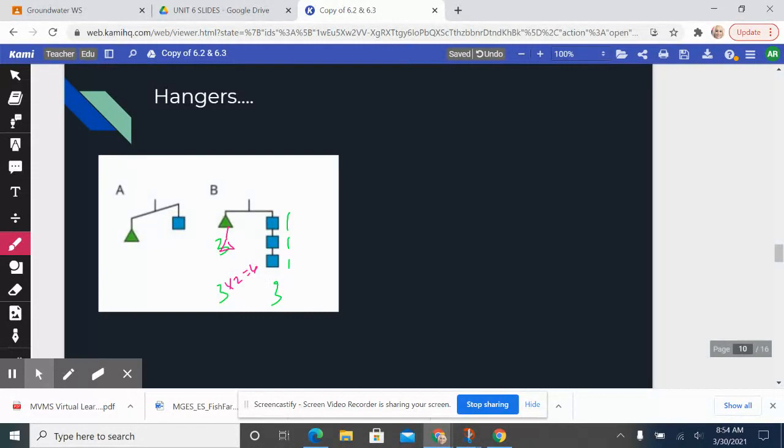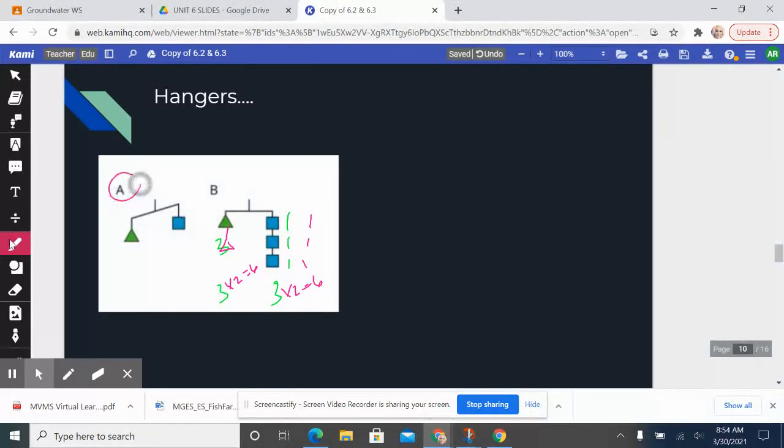So 3 times 2 is 6. Well, if I did that to the left side, I need to do that to the right side, right? So I would need 1, 2, 3 because you're doubling, right? On the right. Well, 3 times 2 is 6. So take note how they're equal, right? That's the key to what we're going to be doing. So they need to stay equal. What you do to one side, you have to do to the other.